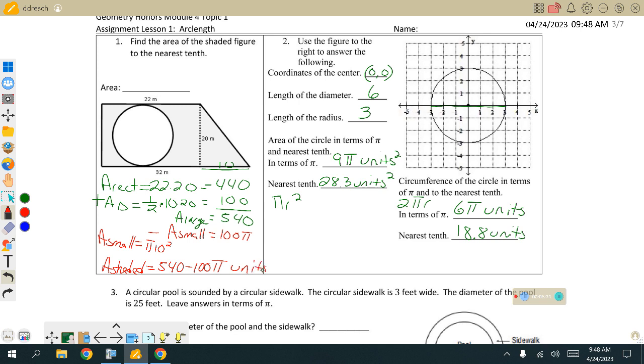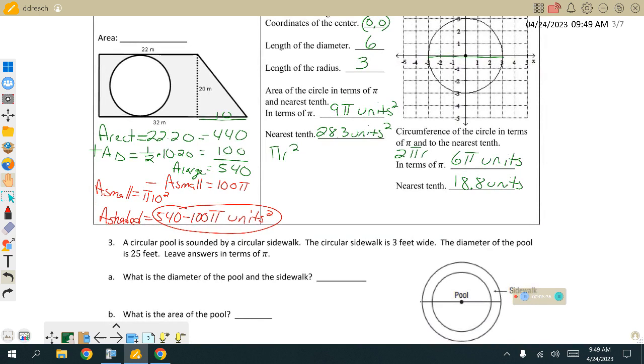I would be happy with that answer. If the answer said leave it in terms of pi, I'd be done. But the answer does not say leave it in terms of pi. The answer says round to nearest tenth. So let's finish it off in our calculator.